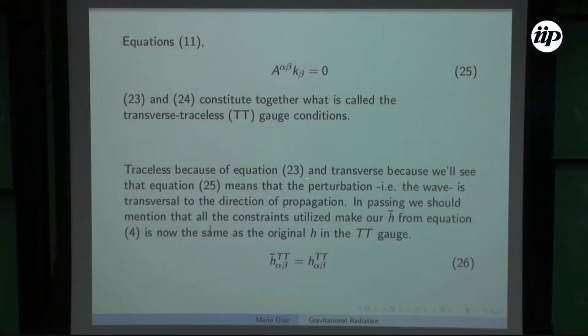It's traceless because we already saw that adding the elements of the tensor, the contraction of the tensor, has 0 trace, and it's transverse because the wave is transversal to the direction of propagation.